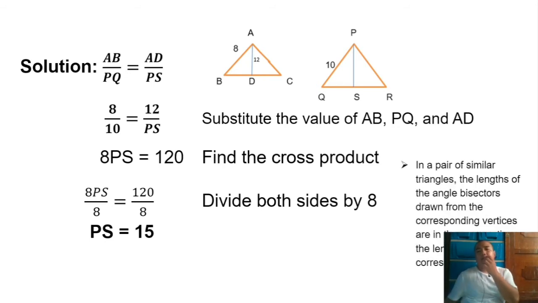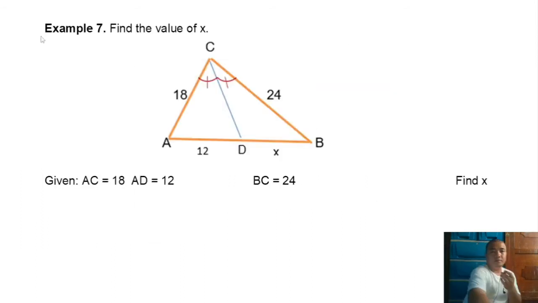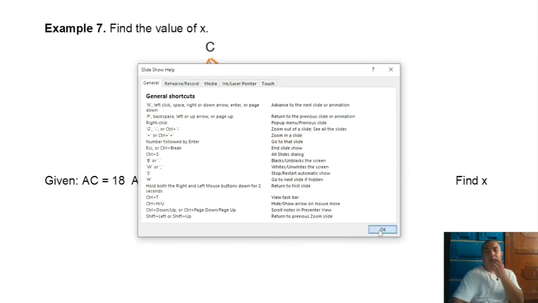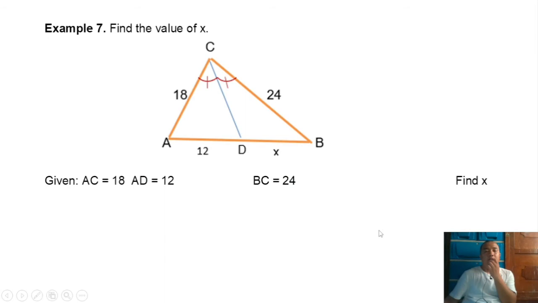And so in a pair of similar triangles, the lengths of the angle bisectors drawn from the corresponding vertices are in the same ratio as the lengths of any pair of corresponding sides. Let's proceed to the next, example 7. Find the value of x. We have here triangle ABC, and we have segment CD.